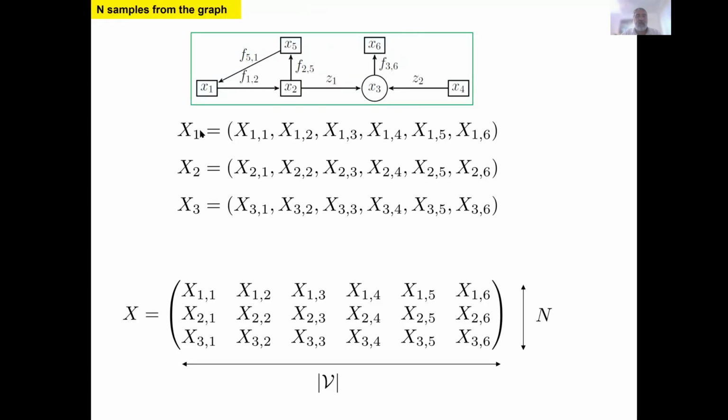Now, if we are given n samples from the graph, with n equals 3 here, then we can see those samples as the rows of some matrix X. So this matrix X has 3 rows because we have 3 samples, and its number of columns corresponds to the number of nodes or variables of the graph.